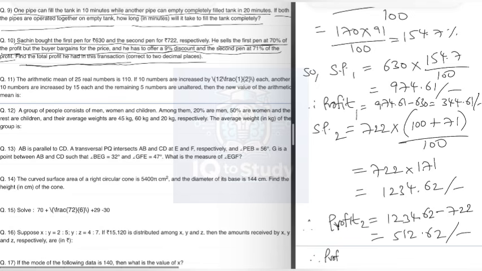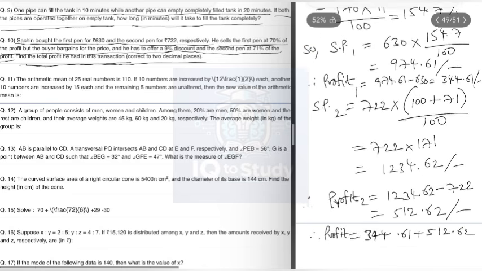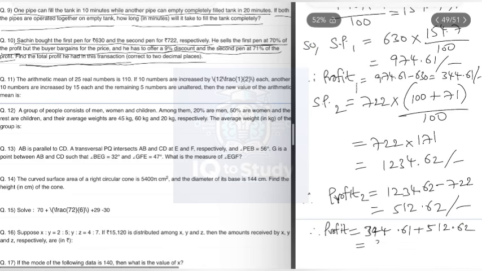Therefore, total profit is 344.61 plus 512.62, which is equal to 857.23 rupees.